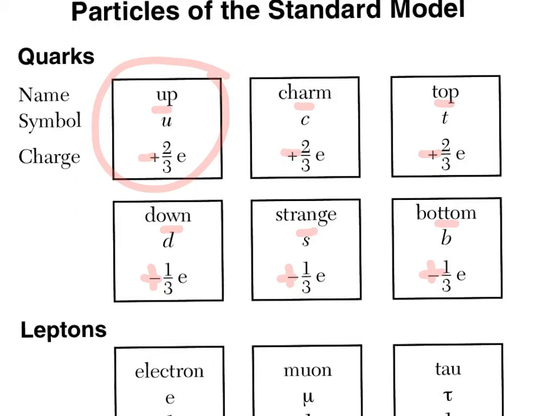So if we take a top, anti-top, which is -2/3, and a strange, because we want to combine an antiquark and a regular quark. So we have -2/3 for the anti-top, and then we have another -1/3 for the strange, so that gives us a -1E when we combine the two.